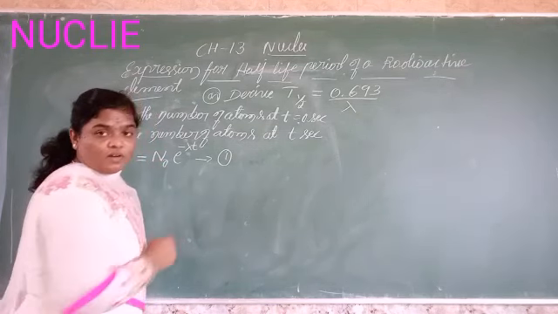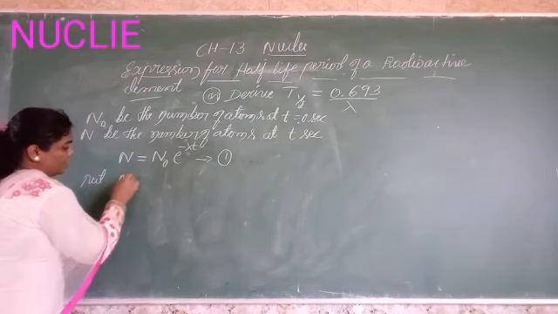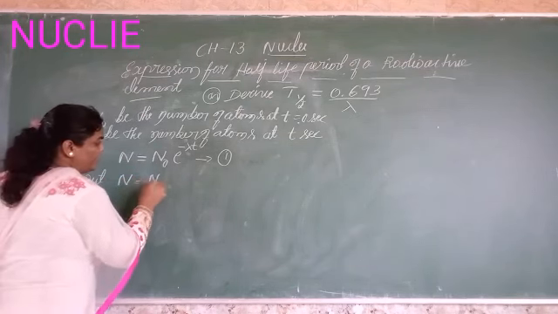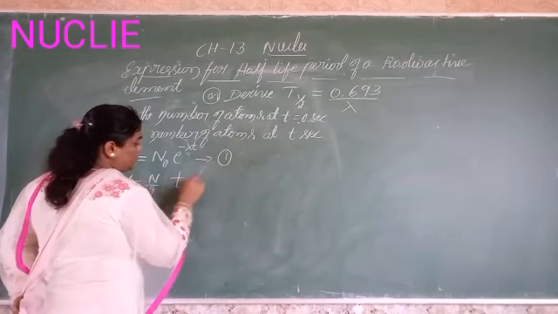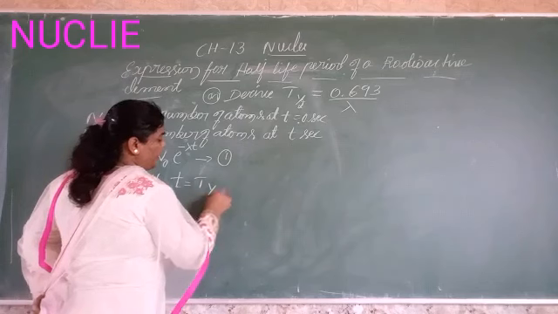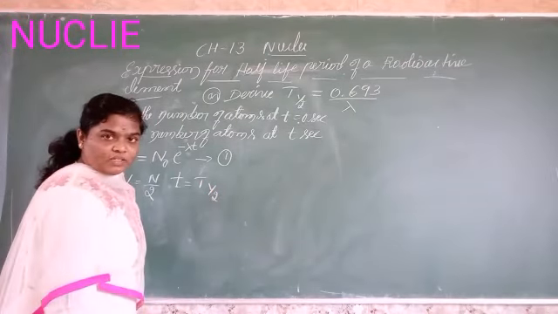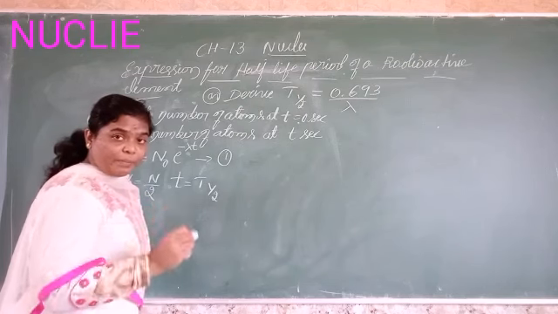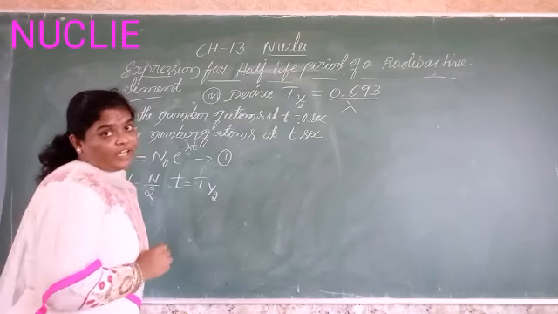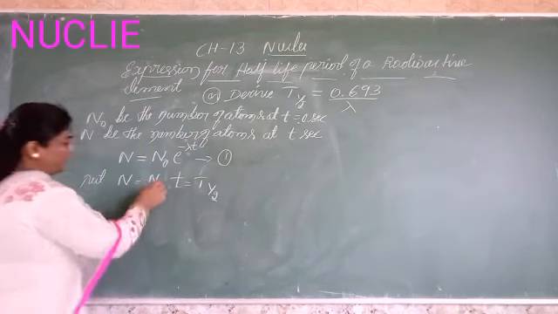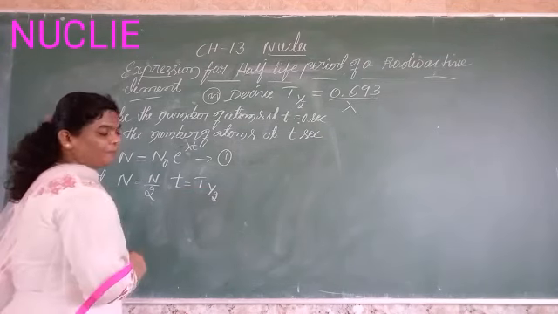Put N is equal to N0 divided by 2 and t is equal to T half in the above equation. So how much time does it take for 50% of the sample to disintegrate? That we call the half-life period.